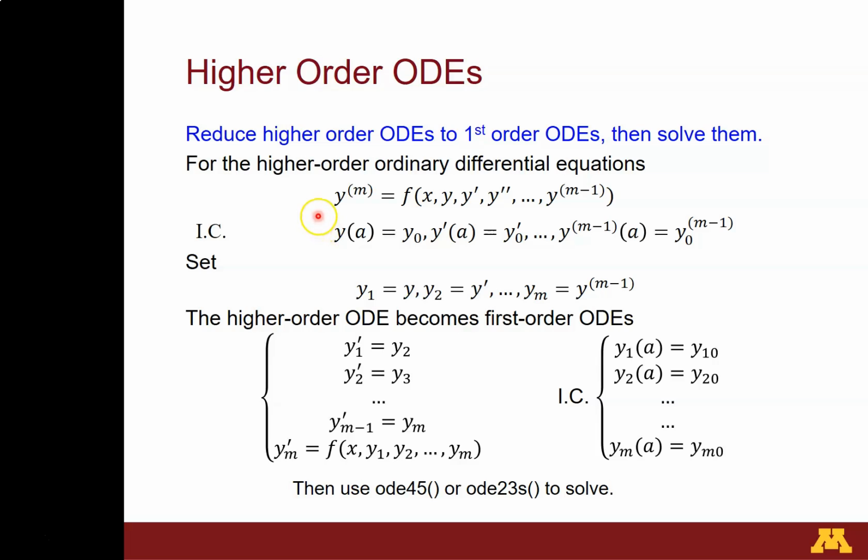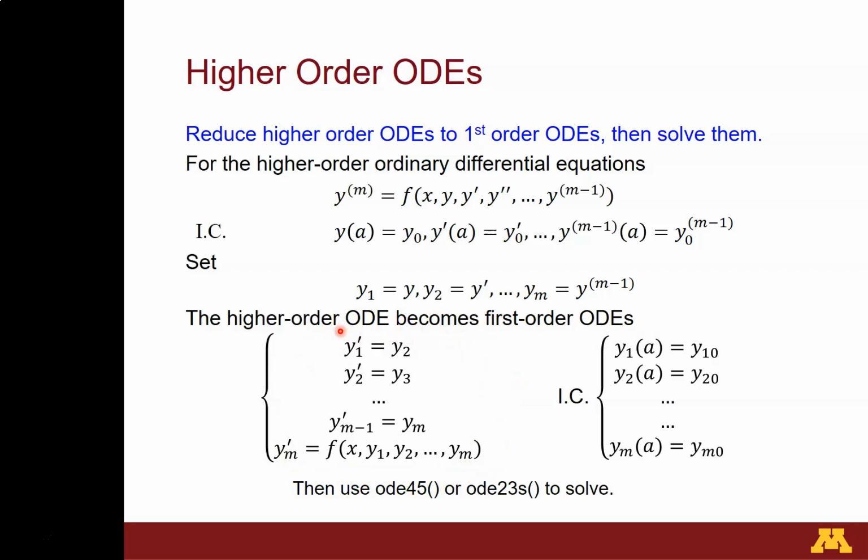Here is the high order ODE and the corresponding initial condition given. So we need to set y1 equal y, y2 equal y prime, y3 equal y prime prime, etc. Then the higher order ODE becomes the first order ODE like this.